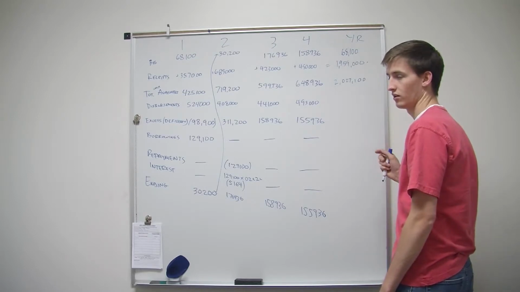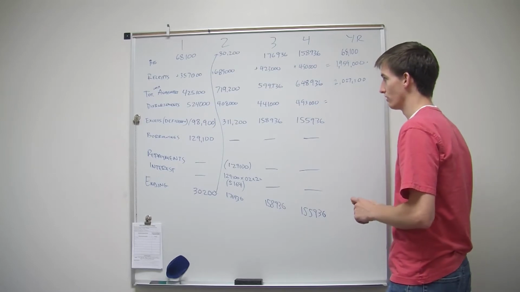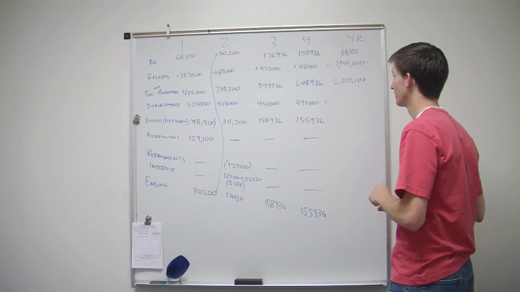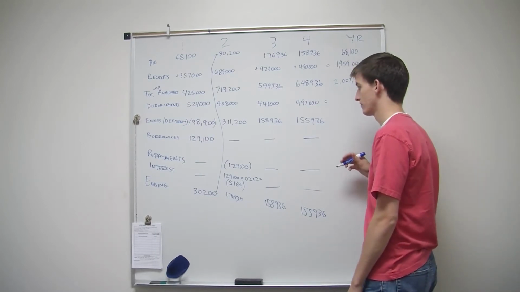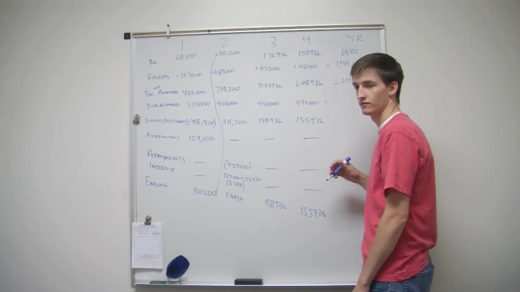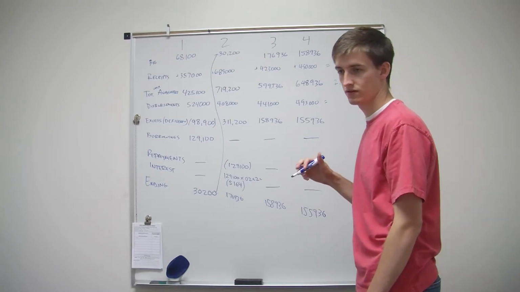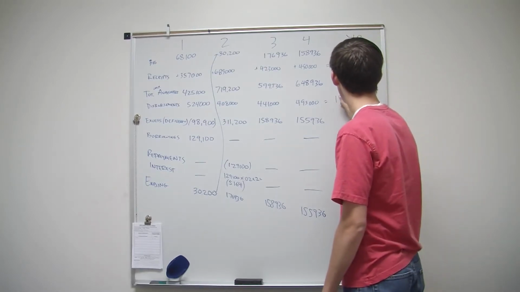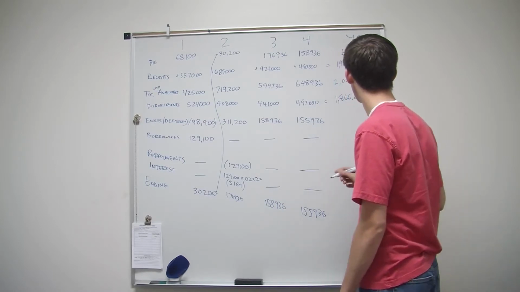I feel like you'd add them all together too, just like the receipts. Yeah, we need to know what it is for the whole year. Well, I guess they should be at the bottom, right? It's 1,866,000. Okay.